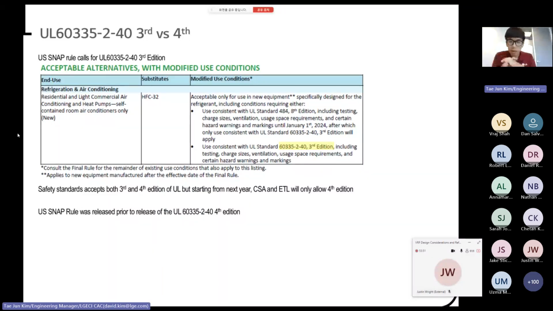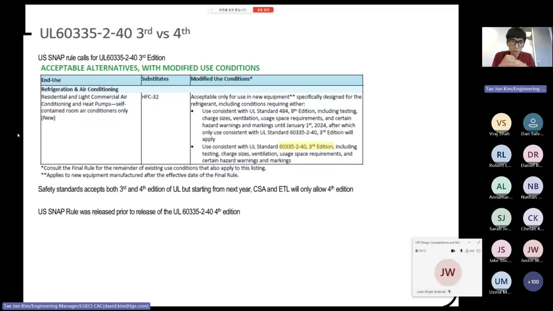But the only reason they refer to the 3rd edition is because the SNAP rule was released before the 4th edition was released. And the CSA and ETL have announced that they will only allow the 4th edition starting from next year. So the SNAP rule will eventually have to change, or the CSA and ETL will also allow the 3rd edition because the SNAP rule is also allowing the 3rd edition as well.